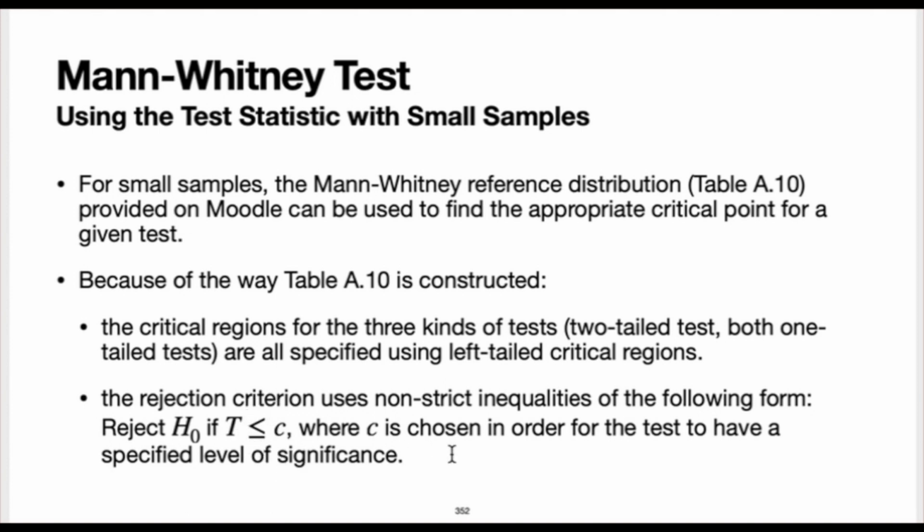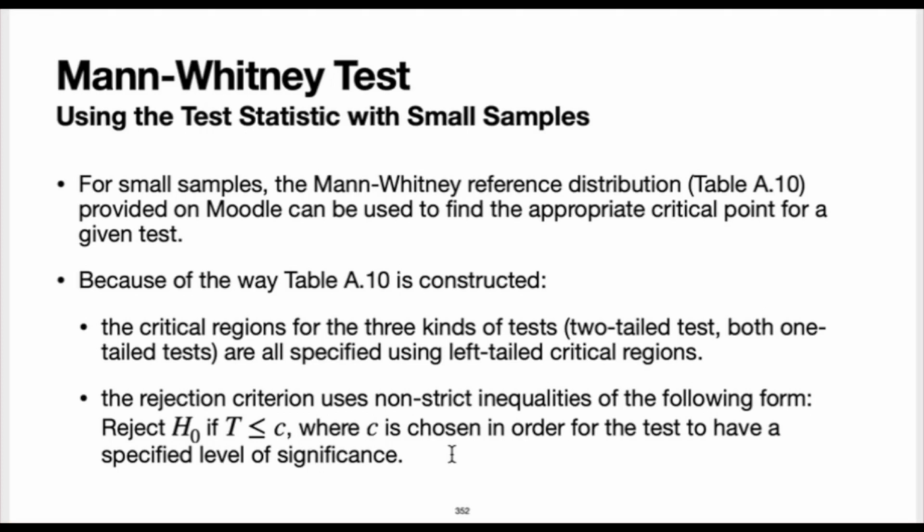Now the reason that these two tables, even though they come from the same textbook, use strict inequalities in table A9 and non-strict inequalities in table A10 is because the authors did not create those tables. They got the tables from other resources, journal articles that had different authors, and these tests were developed separately, obviously.